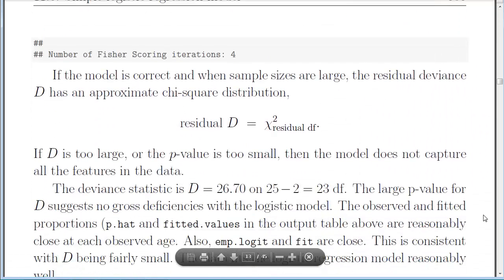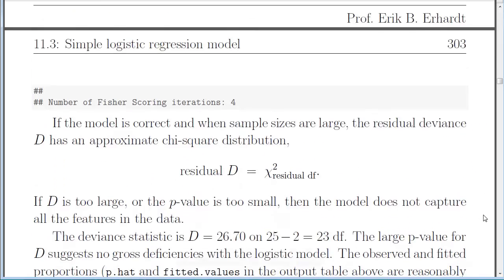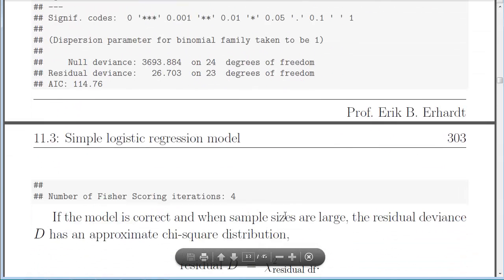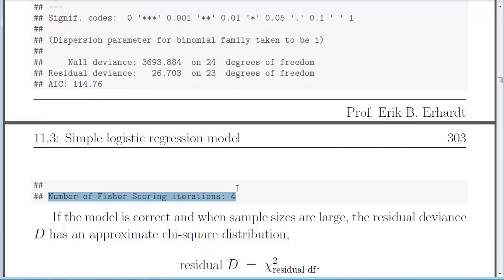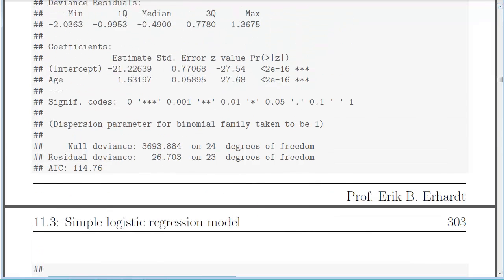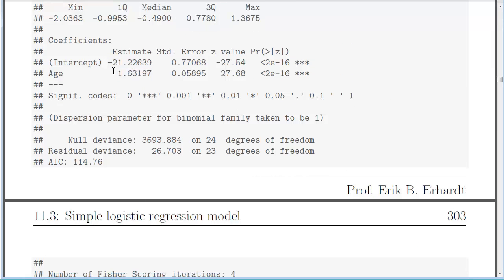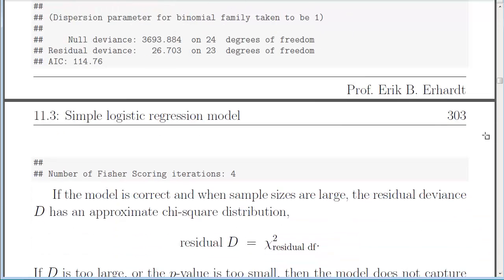Let's take a look at one more comment here, which this reminded me of. The iterations: there is not a closed form for solving for the beta coefficients in a logistic regression. Instead, these numbers are solved for using a maximization routine, called Fisher scoring, which I teach in my statistical computing class.